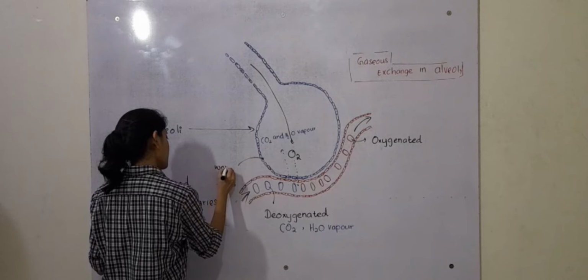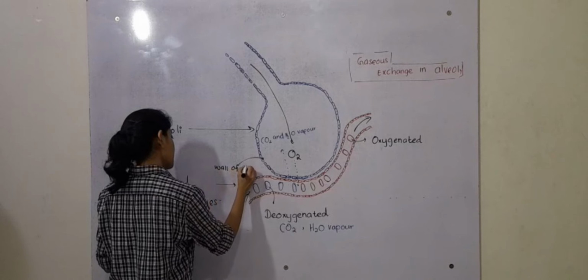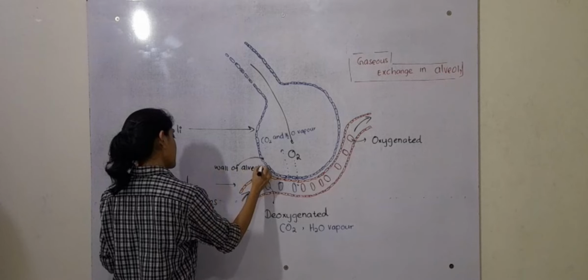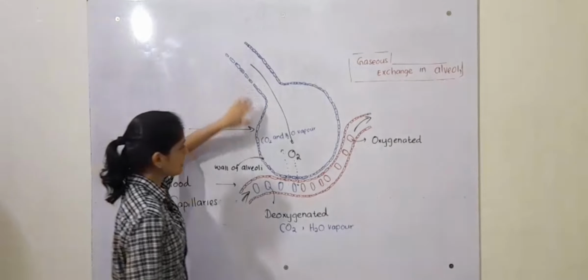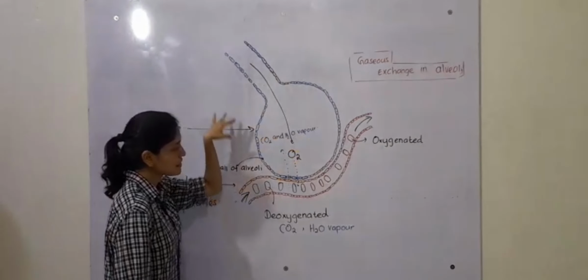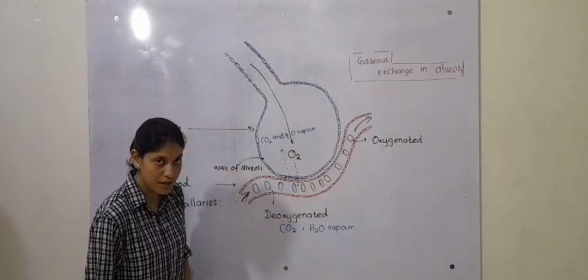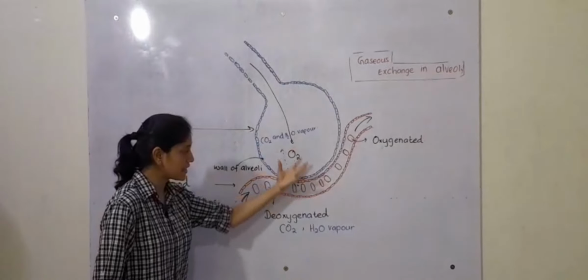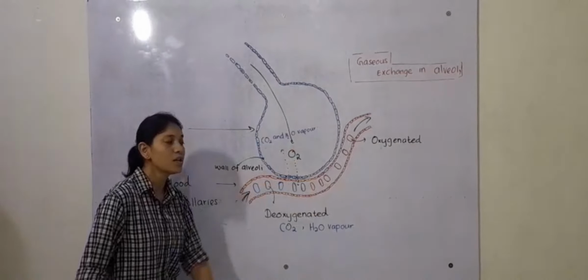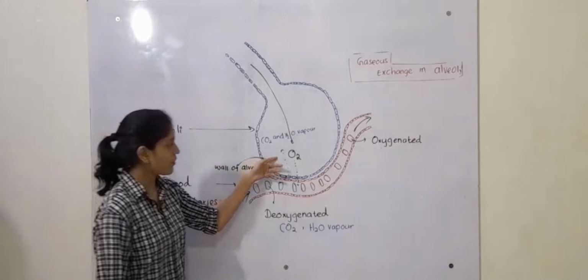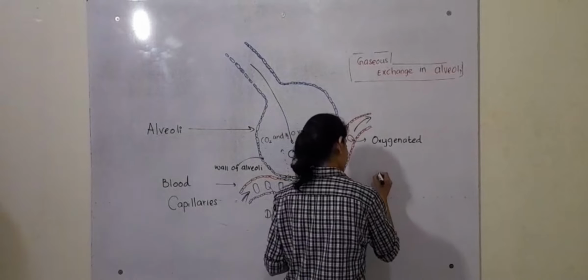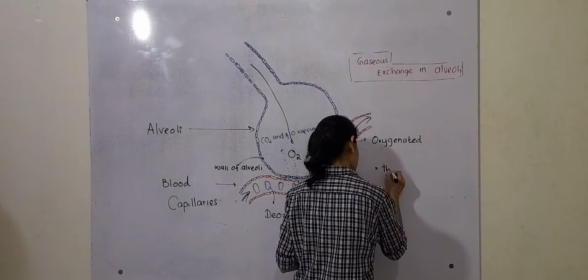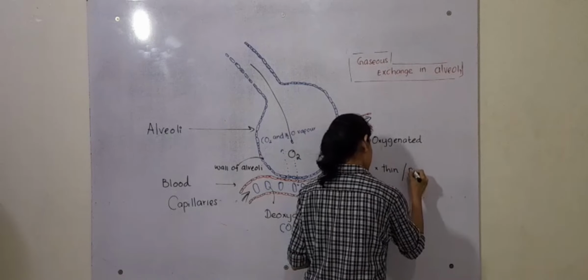You can see a single epithelium is lining it, and this is thin and permeable. Understood? So that oxygen can dissolve and diffuse into the blood capillaries. This has a thin wall, thin and permeable.